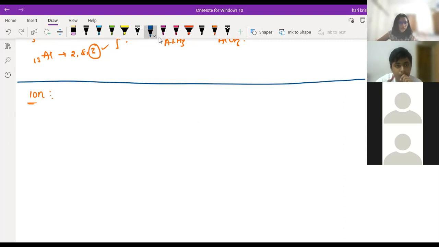Third, the valency? Next, the structure of the atom. Can you find out the structure of the atom? Yes, sir. The electron dot structure.